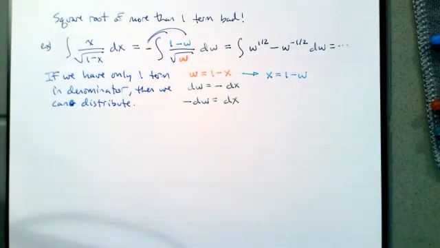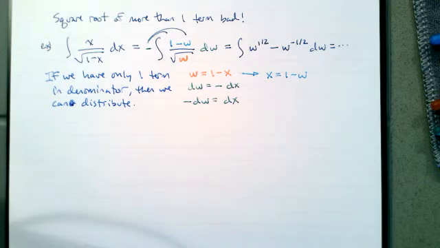So that x equals 1 minus w, that's like when we were doing products of powers of trig functions and replacing tangent squared with secant squared minus 1, or replacing secant squared with 1 plus tangent squared. Because now we have terms that are all just powers of w.